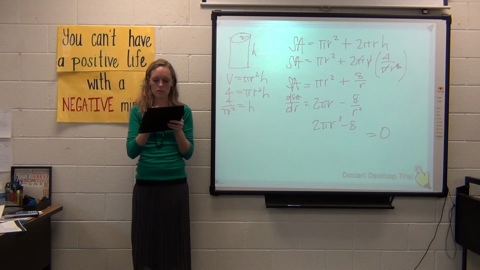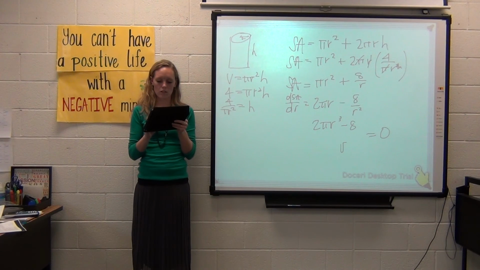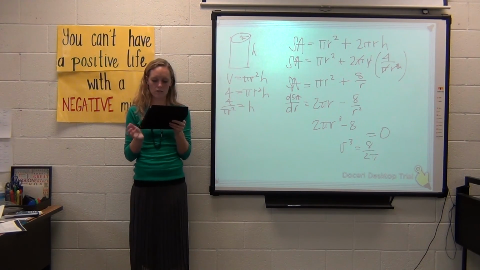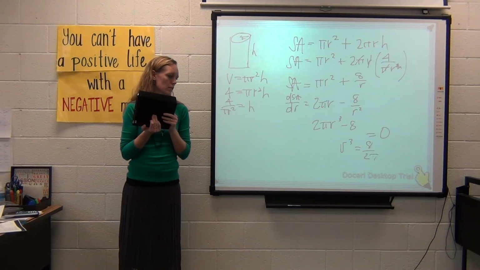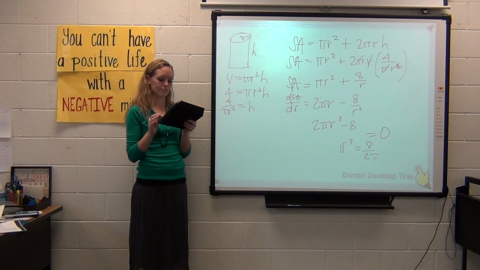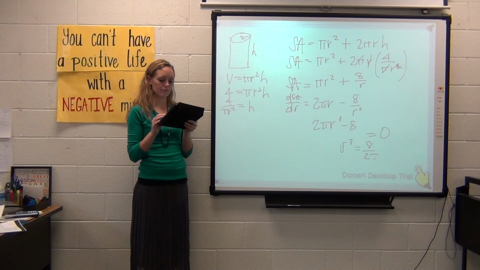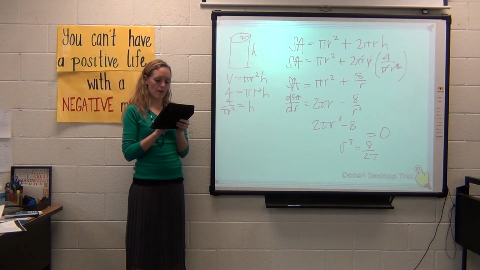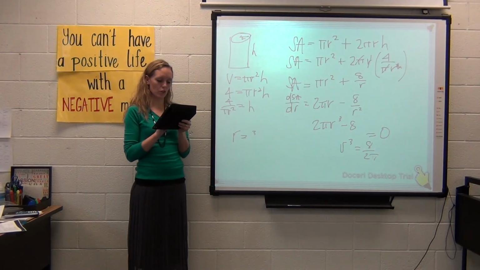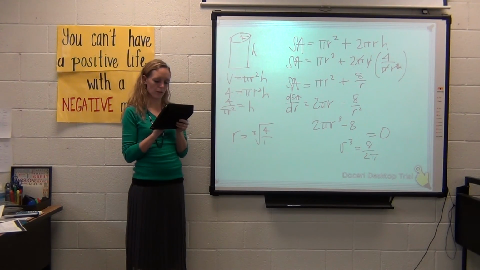R cubed is going to equal 8 over 2 pi. I reduce it to 4 over pi, and the cube root. So my radius for this is equal to the cube root of 4 over pi.